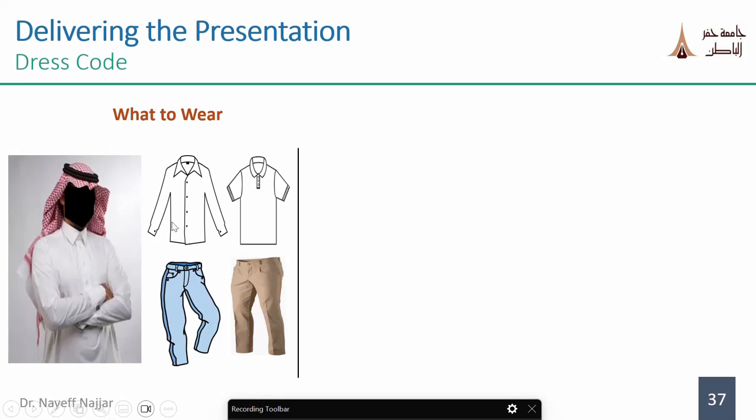It depends on the company. So some people accept a button shirt, and jeans are acceptable, but not the ones that have too many stains and too many decorations. That's not good as well. Khakis are good for the presentations.